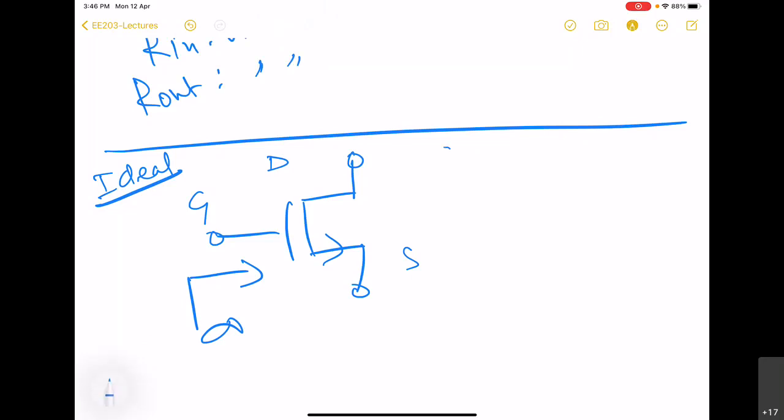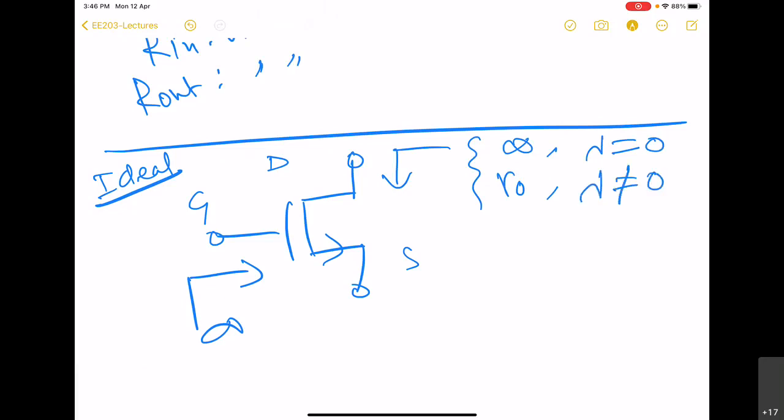Now, if you look into the drain, then it will be infinite if you neglect channel length modulation, or it will be R0, which is very large, if you include channel length modulation. So whether no channel length modulation or with it, looking into the drain we have a very high impedance.